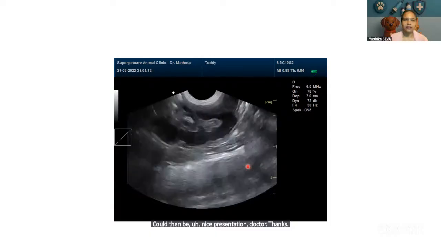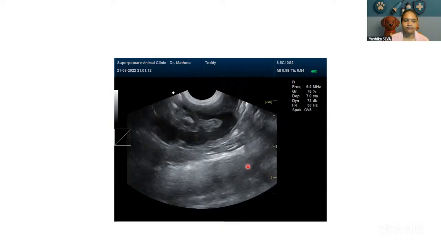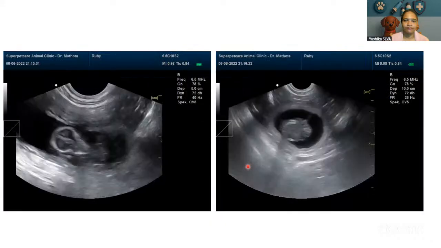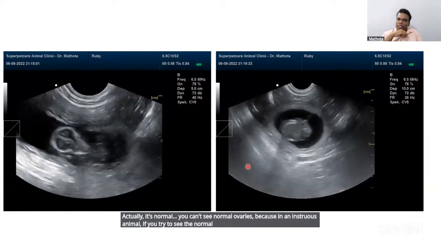There is another question from Dr. Shiv. He's asking if you can show the ovary of the dog and cat. Actually, you can't see normal ovaries, because in an anestrus animal it's very difficult.